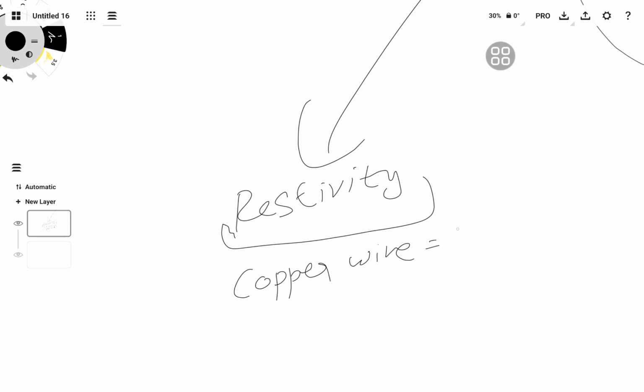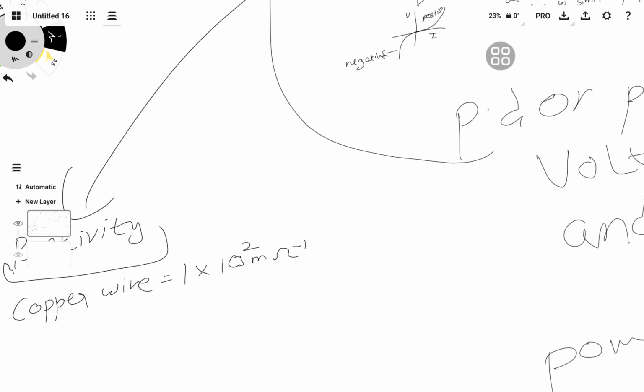But copper wire, let's say it has a resistivity of 10 to the minus 8 ohm meter. Resistance's SI unit is ohm.